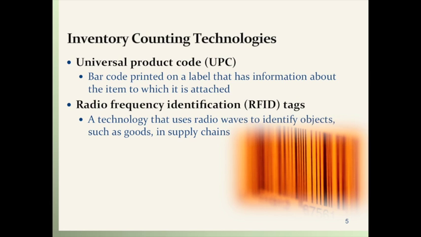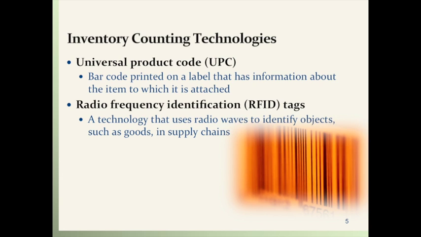There's also RFID, radio frequency identification tags. This is a technology similar to barcodes, but it uses radio waves to identify objects. And the cool thing with that is you don't have to actually see the object.